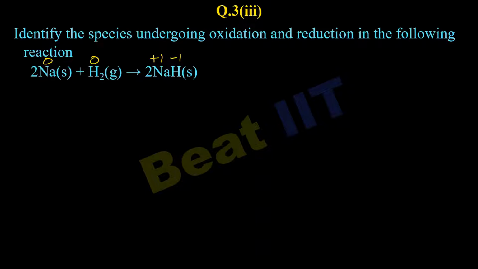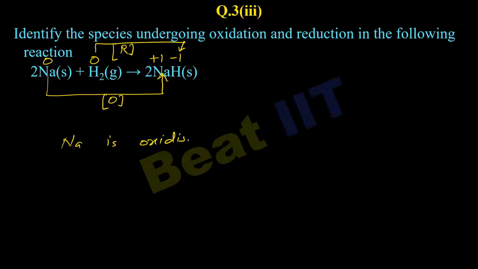So that's why hydrogen will have oxidation state -1. Here sodium oxidation state increased, it is oxidation. Here hydrogen oxidation state decreased, it is reduction. It means sodium is oxidized, hydrogen is reduced.